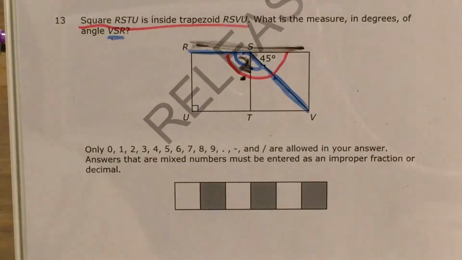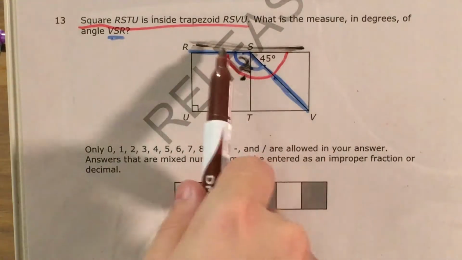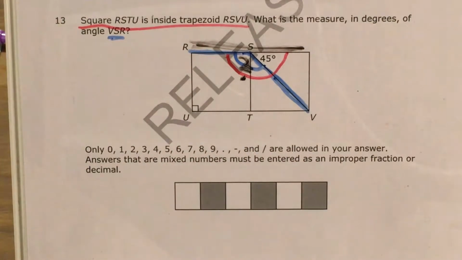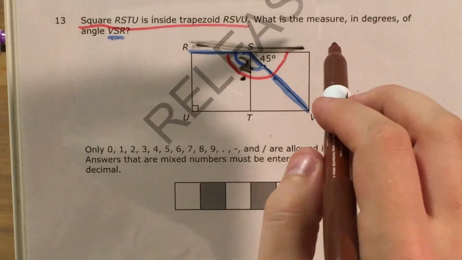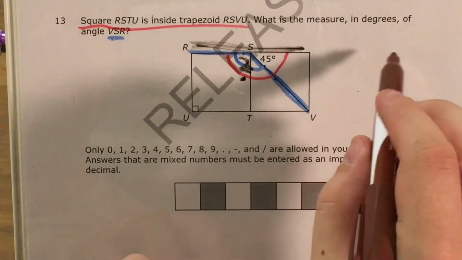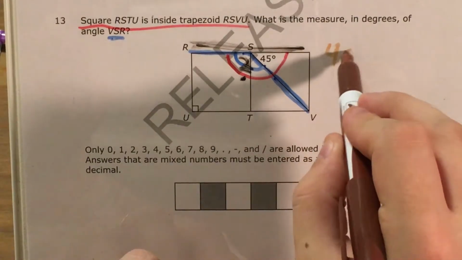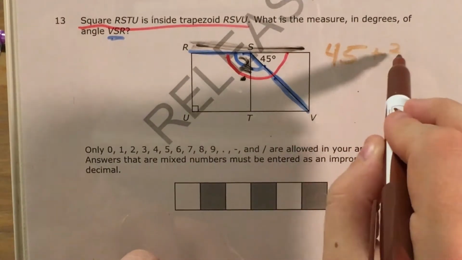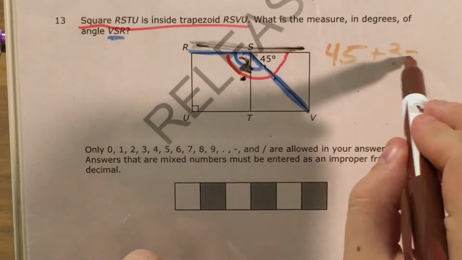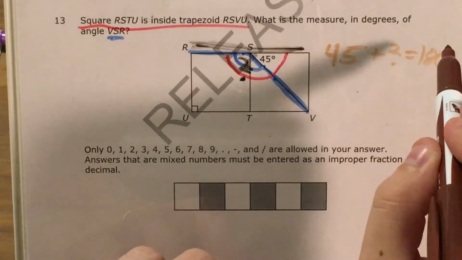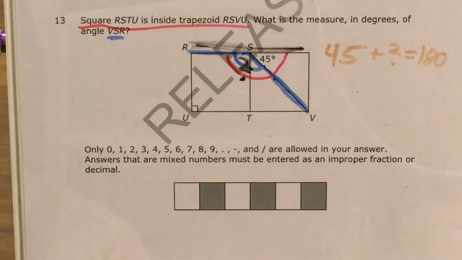That is the big property of angles that I needed to know, that a straight line is made up of 180 degrees total of angles. I'm going to translate that into a math sentence: 45 plus some number we don't know equals 180. That's how I'm going to set up this problem.